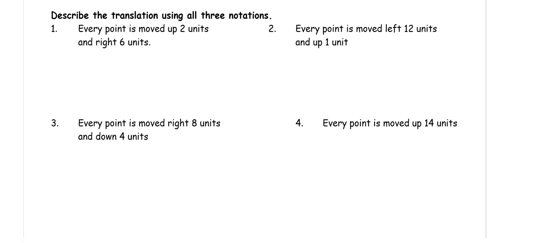So in the first one, every point is moved up 2 units and right 6 units. So remember that right is going to go with the x, and up is going to go with the y. So we have x comma y, arrow, and then I need my new change. So x, in this case, we're moving right 6, so x plus 6, y up 2 plus 2.